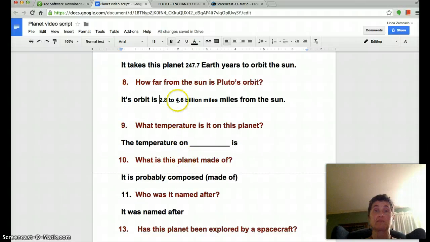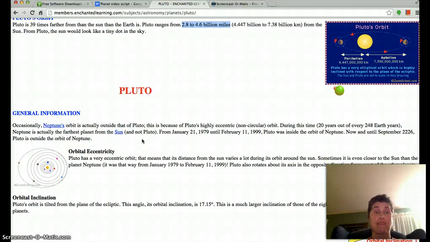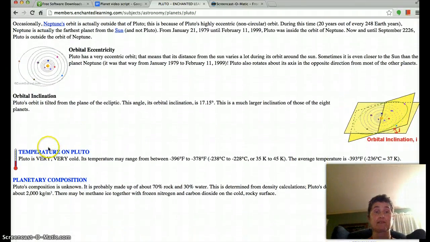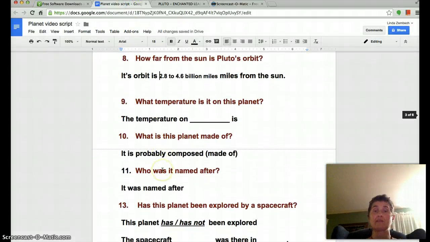Next question asks about temperature, so we're going to look for temperature. There it is. Pluto is very, very cold. Its temperature ranges between negative 396 to negative 378 degrees Fahrenheit, which is much colder than you will ever see in the state of Maine.